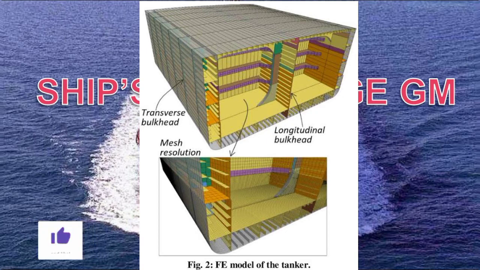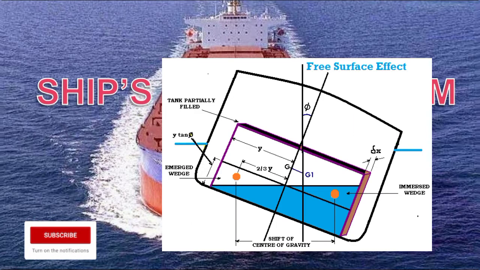If we have a bulkhead, the purpose of having a bulkhead is to reduce the free surface effect. So if we have a free surface effect from all of these holds, then it will be deducted from the GM.